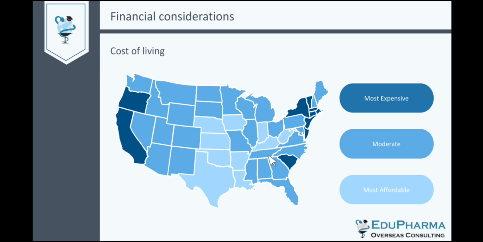As you can imagine here, the ones in the darker blue shades are the most expensive states, and the lighter blue shades are the most affordable states. California, Oregon, New York, South Carolina are known to be the most expensive relatively within the United States.